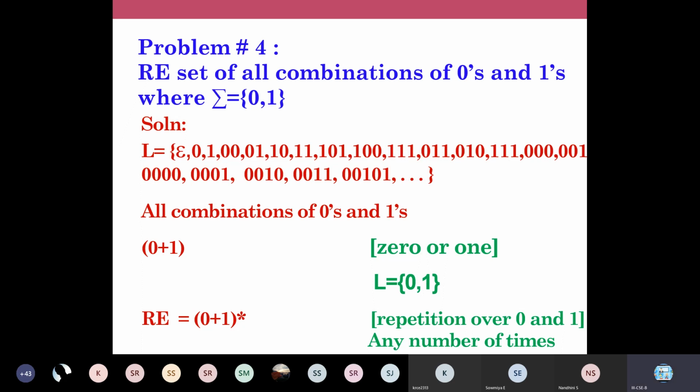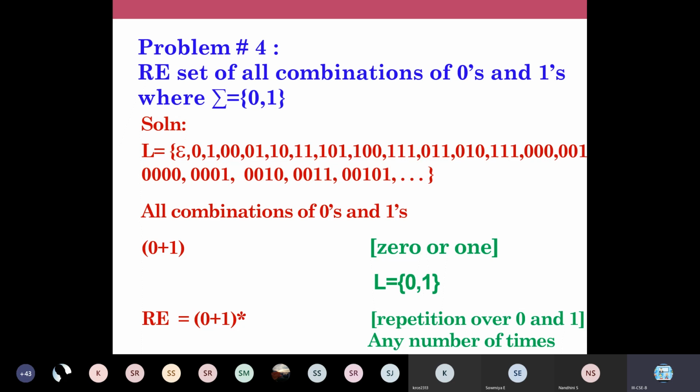Okay, so 0 plus 1 star defines a repetition over 0 and 1. And in each repetition or iteration or occurrence, we can pick and write any of these symbols. Okay. So any number of times you can pick this symbol. Okay. So you remember very well that for all combinations of zeros and ones, your regular expression is going to be 0 plus 1 the whole star.